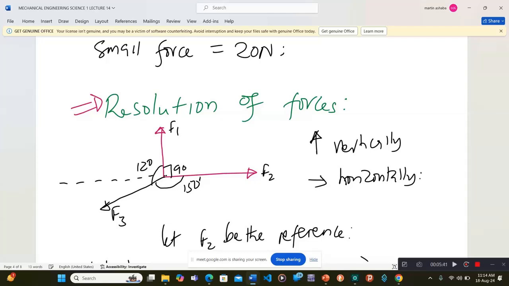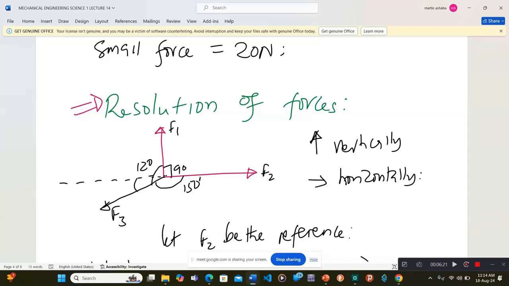You need to complete this horizontal line or extend it beyond this side, and look for the angle that F3 makes with that horizontal line. So from here to there is 180 degrees. But we know that from here to here is 90 plus 120, which gives you 210 degrees. I subtract 180, and that would give me 30 degrees.